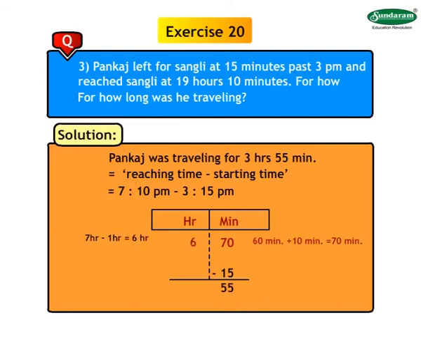Therefore, 6 hours minus 3 hours is equal to 3 hours. Therefore, we now get 7 hours 10 minutes minus 3 hours 15 minutes is equal to 3 hours 55 minutes. Therefore, the answer is Pankaj was travelling for 3 hours 55 minutes.